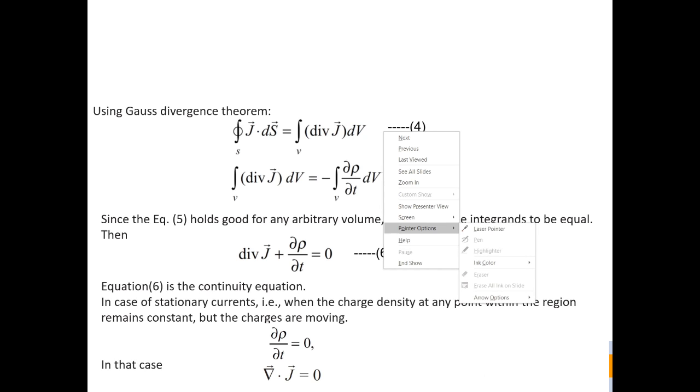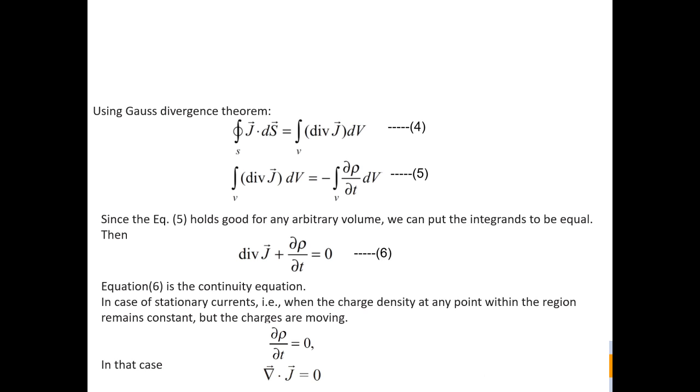That step is not shown here, but what we've essentially done is we have taken this volume integral of divergence of J. You can also write it as del dot J. Okay, and I've brought this term to this side and it becomes positive.